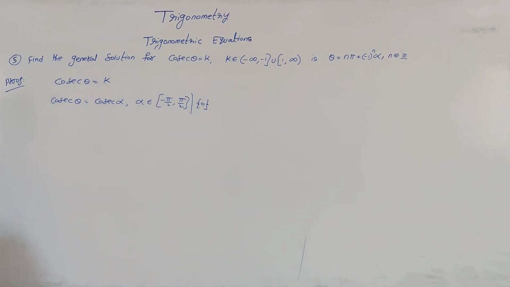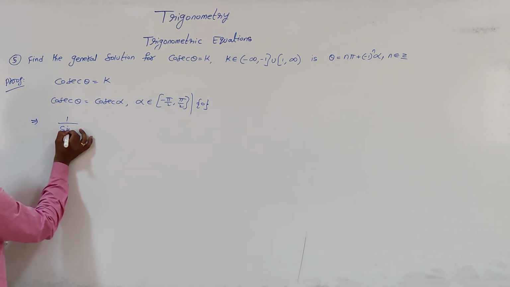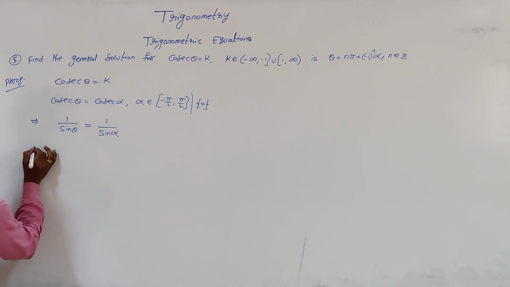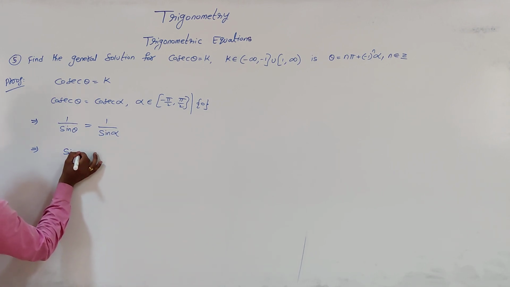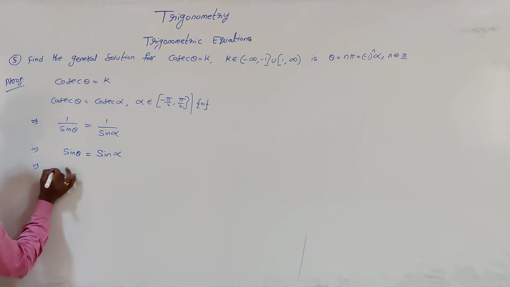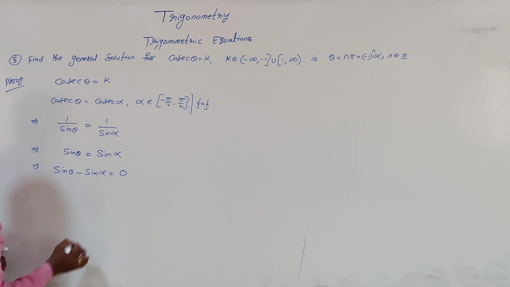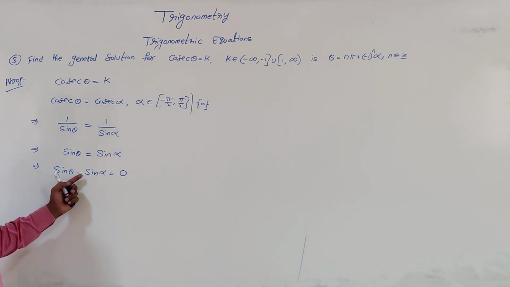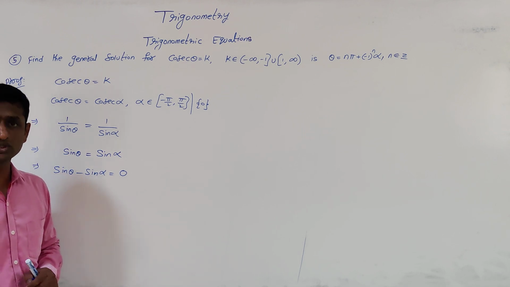Except 0. So cosecant theta can be written as 1 by sin theta is equal to 1 by sin alpha. If we take the cross product, we have sin theta is equal to sin alpha, and bringing it over, sin theta minus sin alpha is equal to 0. So again, it is in the difference form, the form of sin C minus sin D is equal to 0.